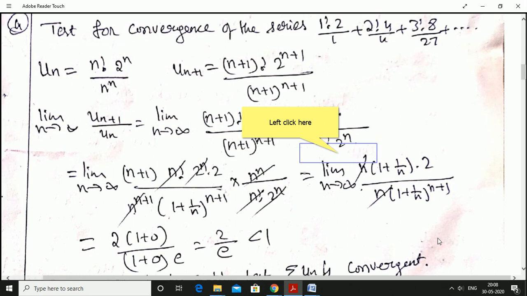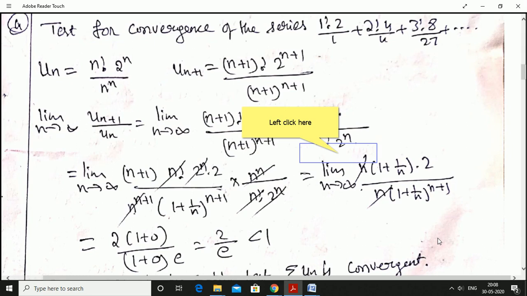Look at this: 1 factorial, 2 factorial, 3 factorial means n factorial. 2 power 1, 4 is nothing but 2 square, 8 is 2 power 3, means 2 to the power of n, divided by 1, 4, 27. 1 power 1, 4 is 2 square, 27 is 3 power 3, means n to the power of n. That is un. Carefully you need to observe the terms and write down the nth term.